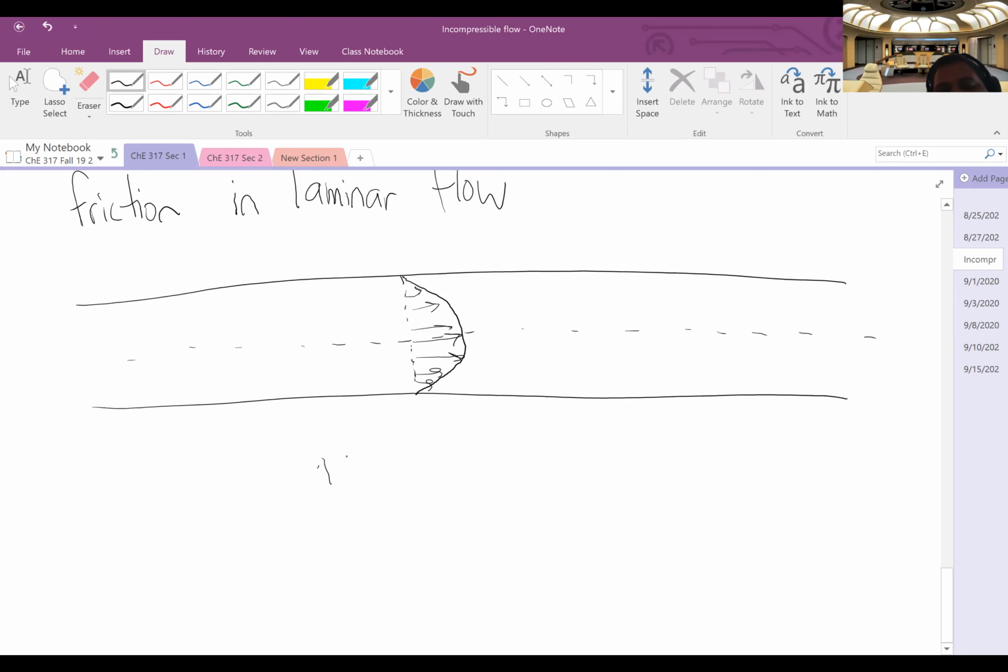Also, we previously discussed that for Newtonian fluids, we can relate shear within our laminar flow as a function of the fluid viscosity and the velocity gradient that exists within our flow system.